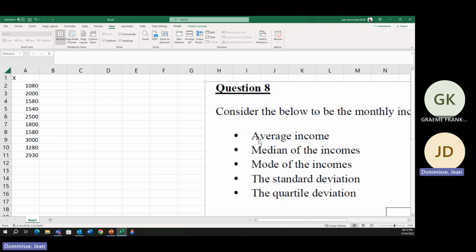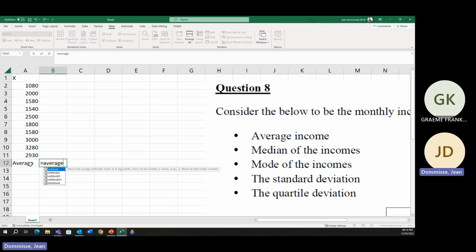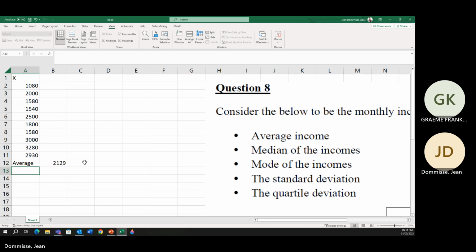They ask us to work out the average income. To work out the average, there is a function in Excel that is just called average, and we can take all of those values into the function. But we can also ask how we normally calculate the average.